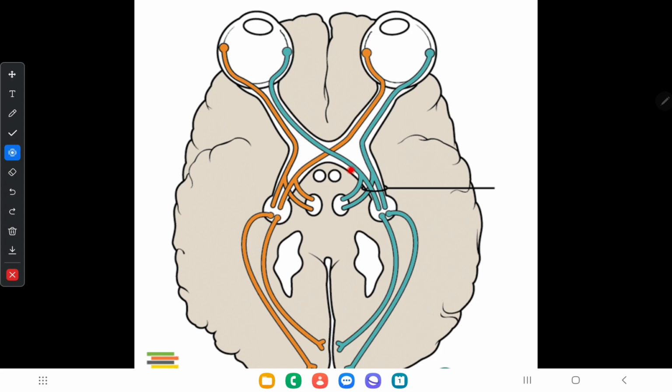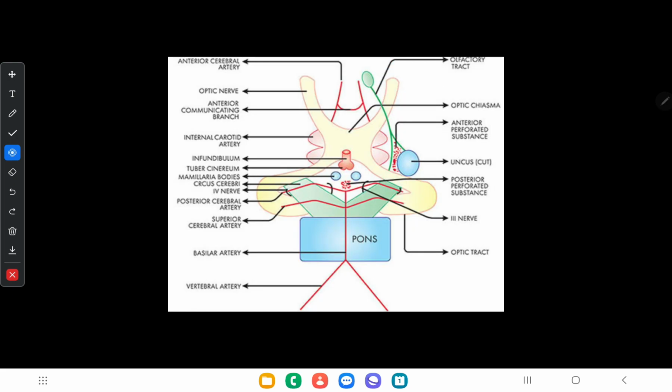The nasal or medial fibers decussate in the central part of the chiasma. The temporal or lateral fibers do not decussate in the chiasma. Macular fibers cross in the posterior inferior margin of the chiasma. Remember that.